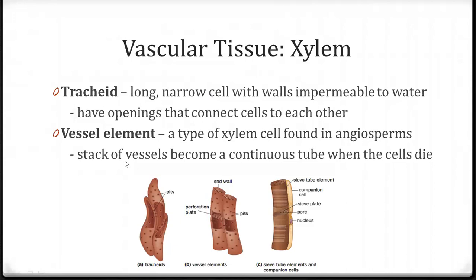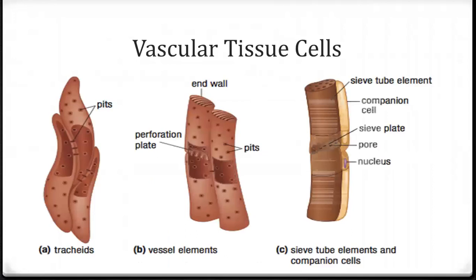The stack of vessels becomes a continuous tube when the cell dies. I don't think this is something you would need to know for the regents, but now that you're not taking it for the final or whatever. Okay. So this is just a picture of the vascular tissue.